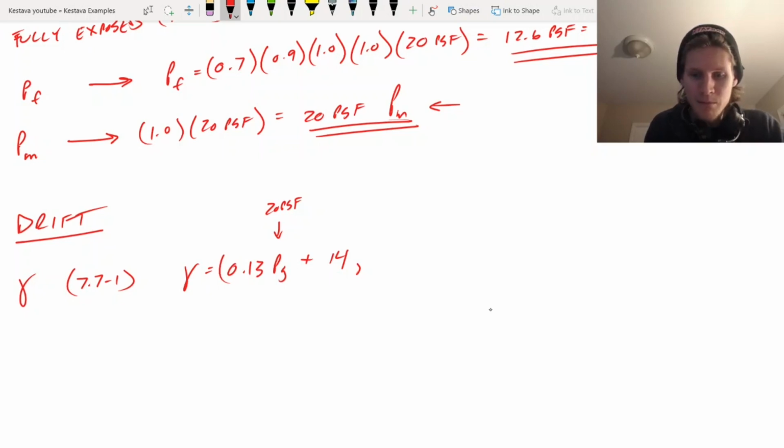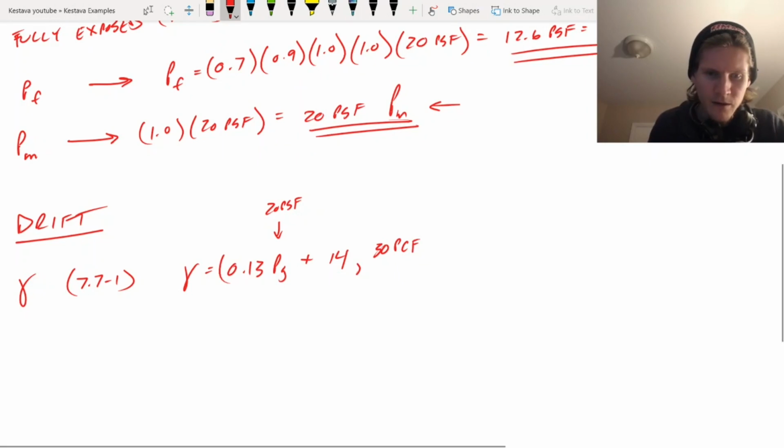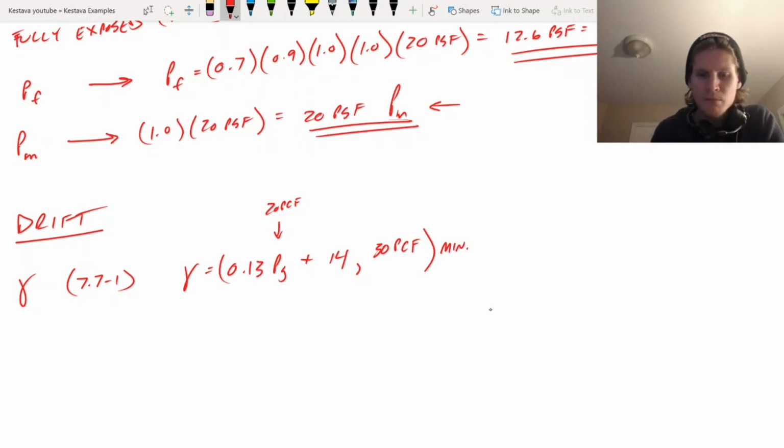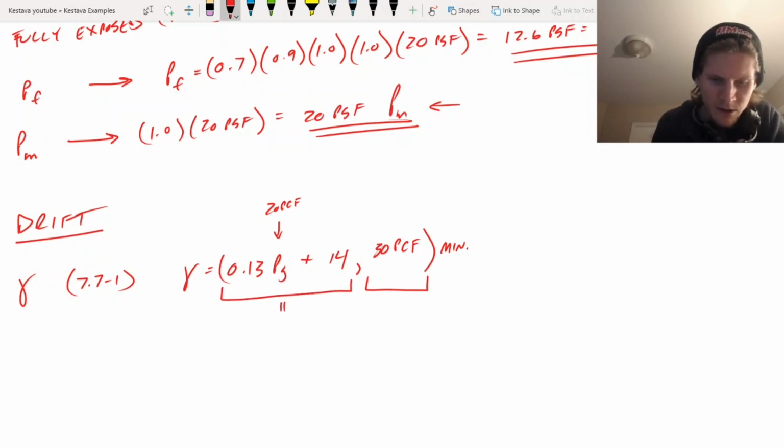Or at a maximum, 30 PCF. And we'll say min. So it's the minimum of the two choices here. So the minimum of 30 PCF outright, or this equation. So option number 1, option number 2.